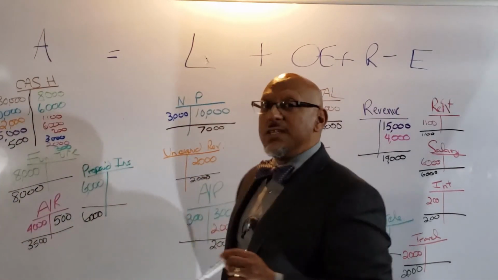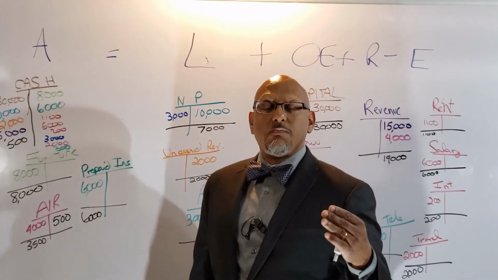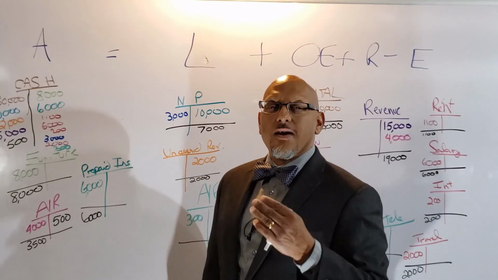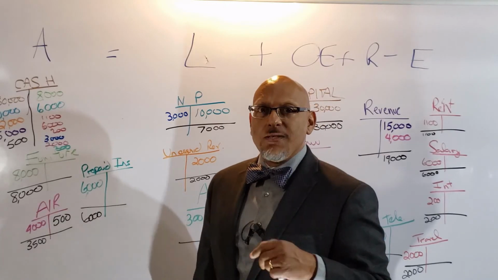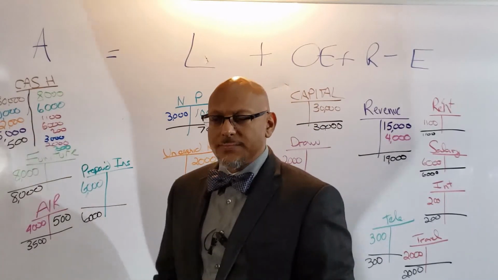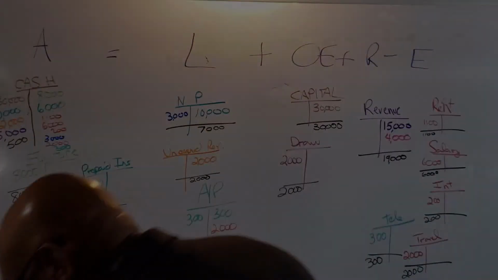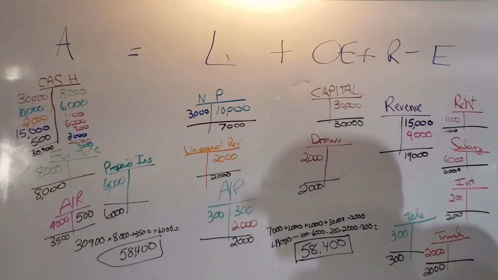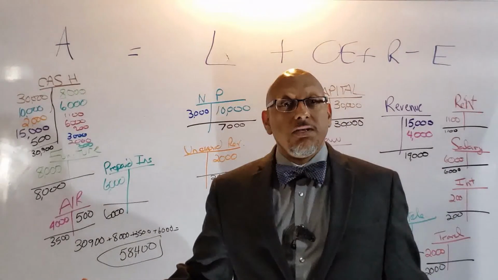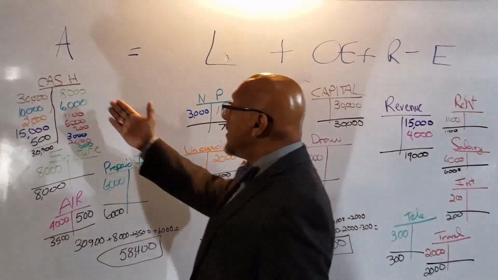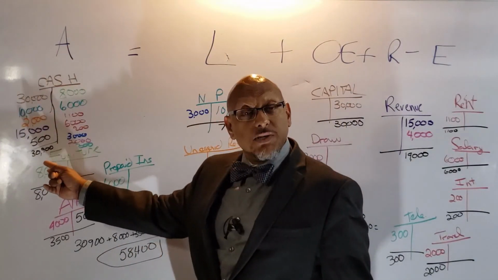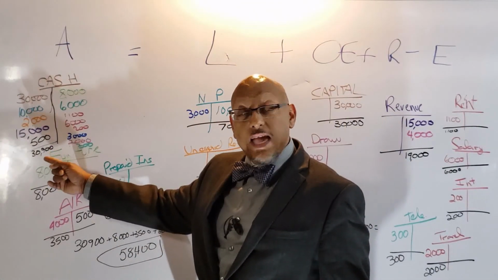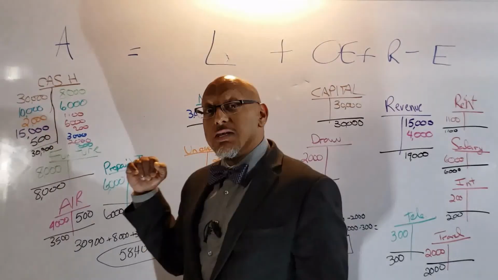Now the cash is going to take a little bit of time. I'm going to pause the video for a moment, recalculate it, and come back to you. So, I've already figured out the foot, which is the total of the cash account, which is 30,900.